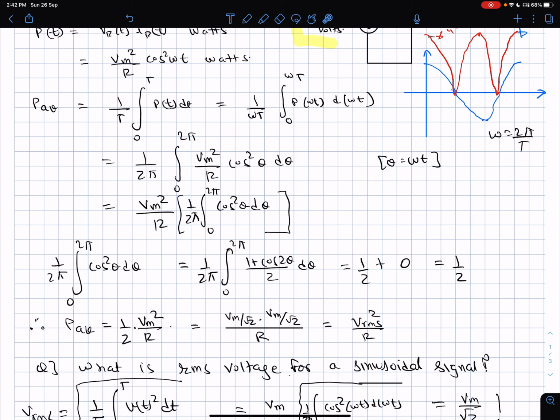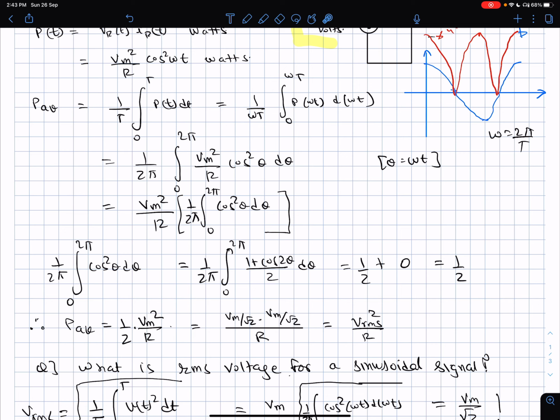And hence the P average, which is the power consumed by this resistor in one cycle, in one time period, is going to be Vm square by 2r, half of Vm square by r.